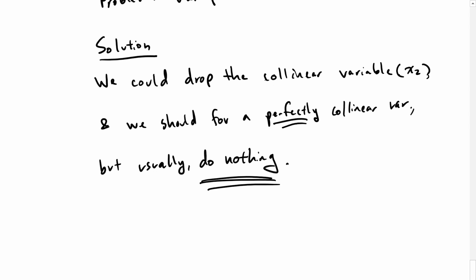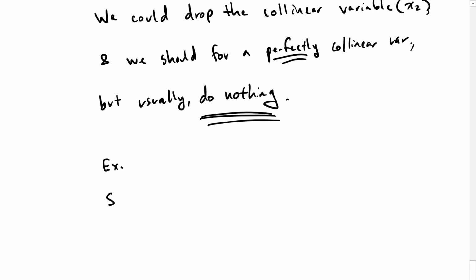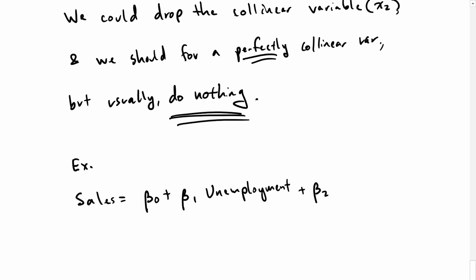And even if two variables are multicollinear with each other, so for example, if we're modeling sales in a firm and we're modeling it using some macroeconomic variables, let's say the unemployment rate and income.